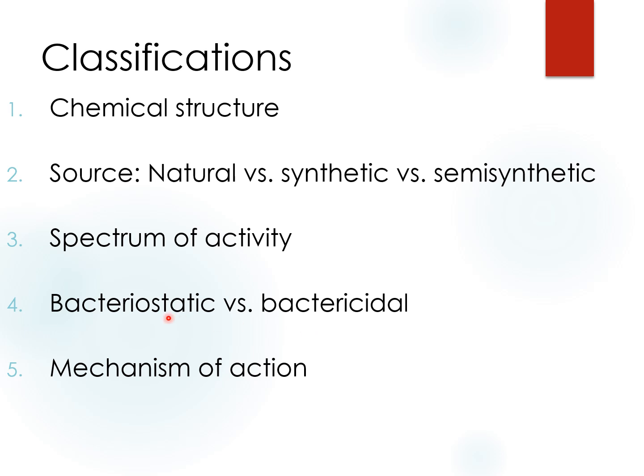If my host is okay, is young, immunocompetent, I'm okay giving a bacteriostatic antimicrobial to stop the growth of the microbe, and then the immune system will kick in and kill the bacterium. Whereas if I am dealing with an immunocompromised patient, how about a patient who has cancer and came to the hospital with neutropenia, then definitely I do not want to give a bacteriostatic drug.